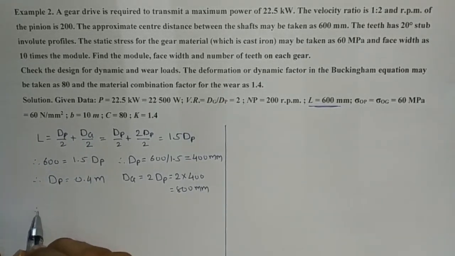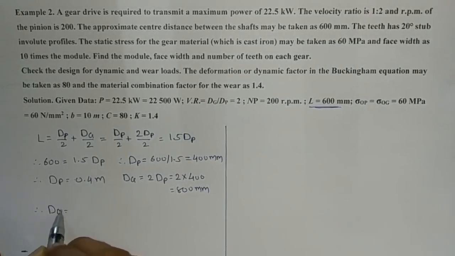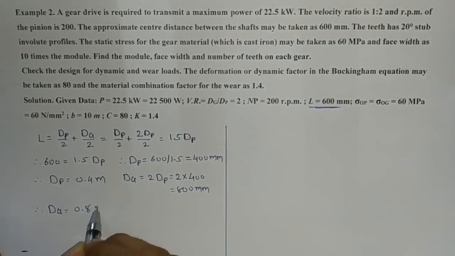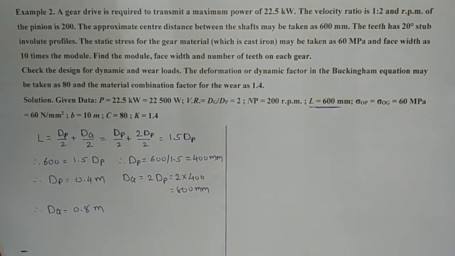Therefore dg is equal to 0.8 meter. Now here both the gears are made of the same material, so the pinion is weaker, thus our design will be based upon the pinion.